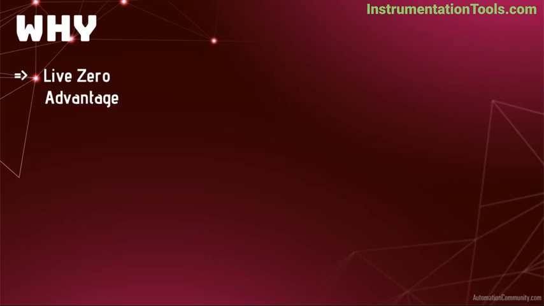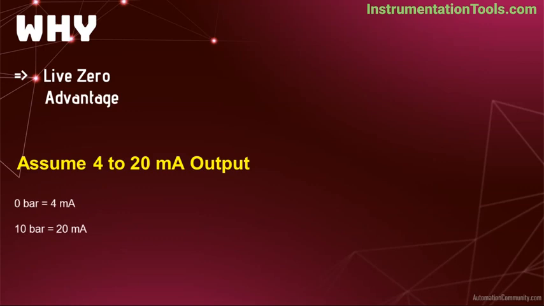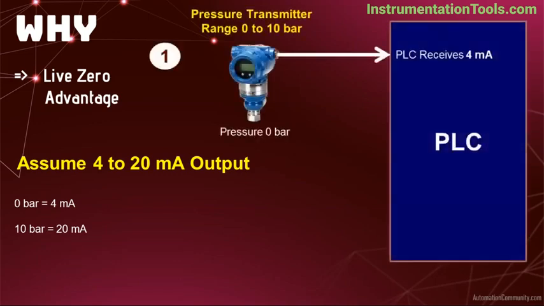Now let's discuss it with a simple example. Consider the same pressure transmitter example with 4 to 20 mA output current. Case 1. Assume the process pressure is 0 bar, so the pressure transmitter sends a 4 mA signal to the PLC. PLC displays 0 bar pressure to the operator.